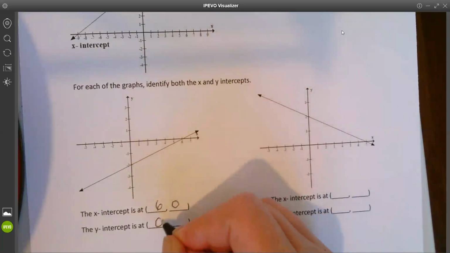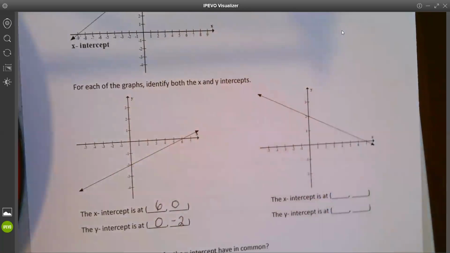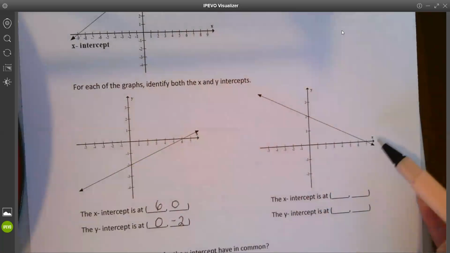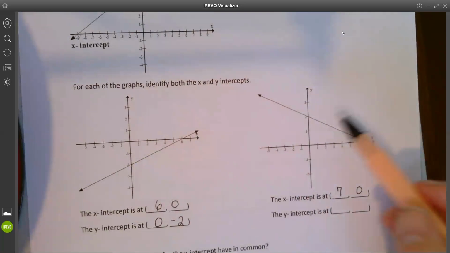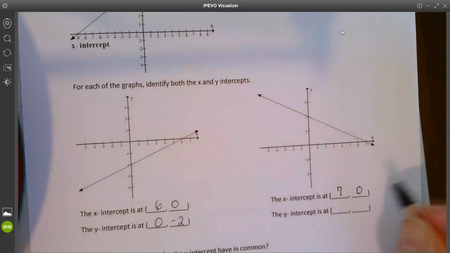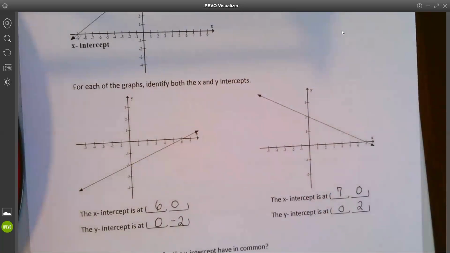So that corresponds to the point (0, -2). And when we look at our third graph, our x-intercept is at +7. And this time our y-intercept is at +2, and that corresponds with an x value of 0.